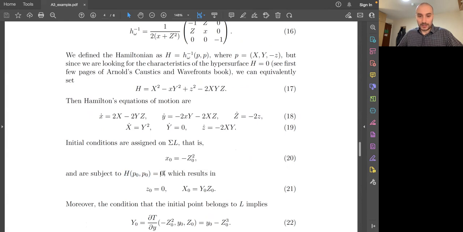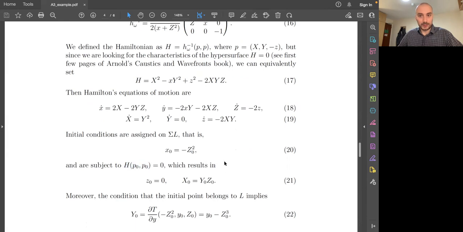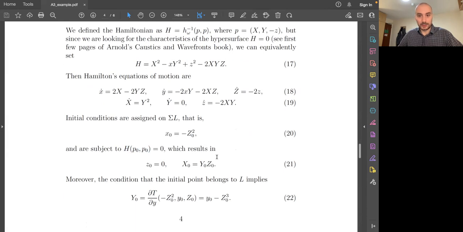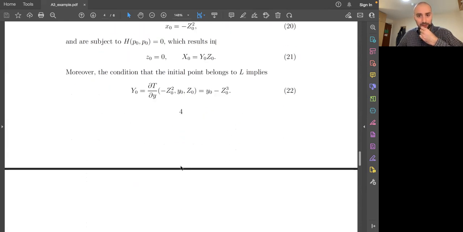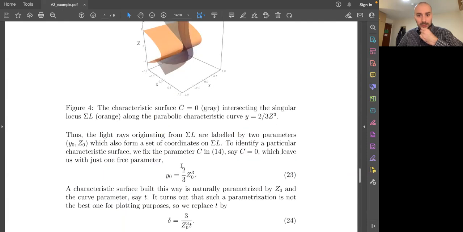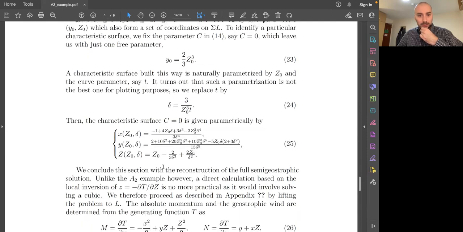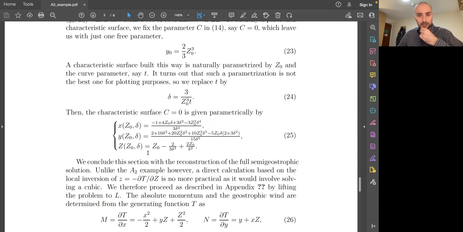This is somewhat less clear than everything else, I admit it, because I'm rushing a bit now. But in the end, we are able to write the characteristic surfaces in parametric form this way.